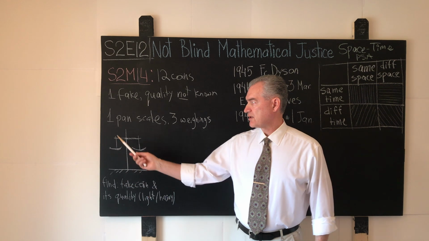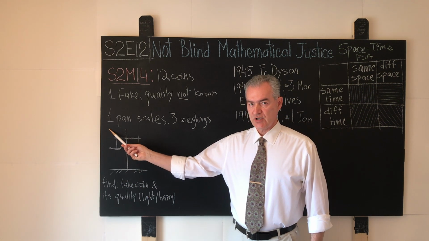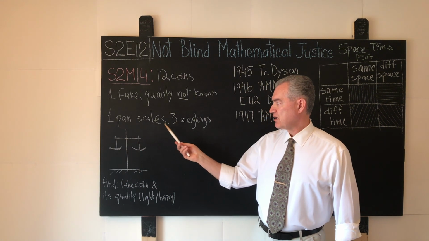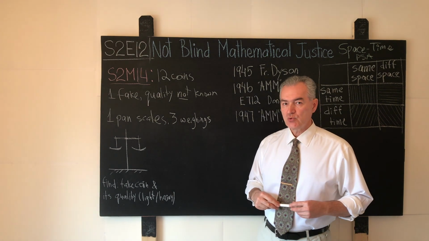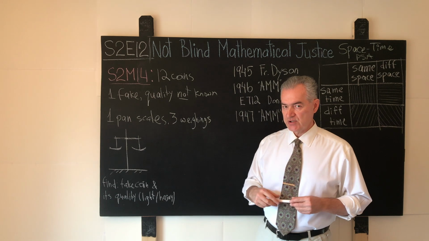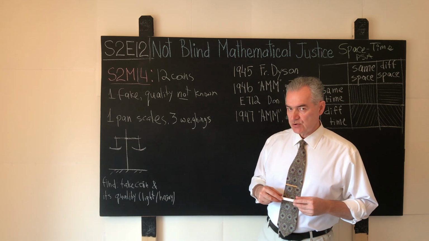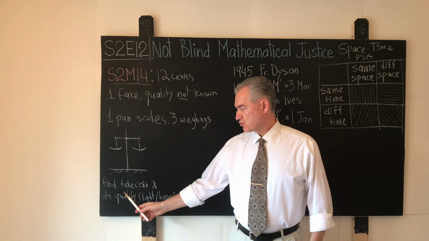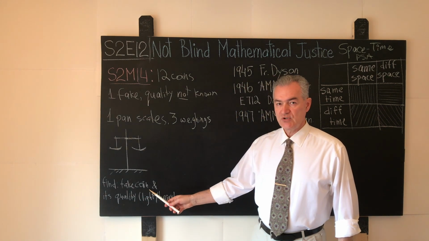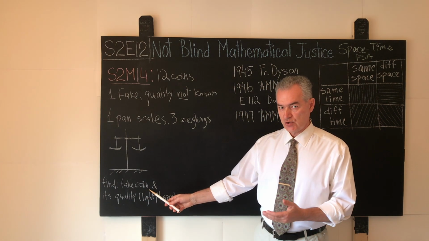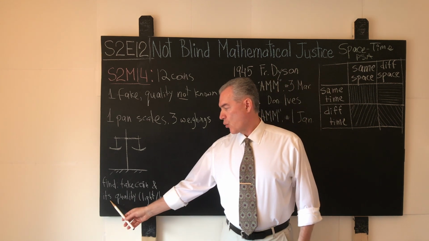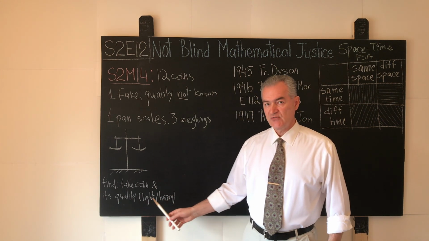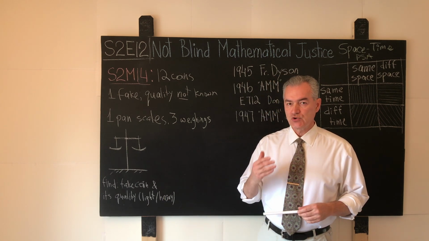Using one set of fully functional and fair pan scales in no more than 3 weighings, we are to determine with absolute certainty the following 2 units of information. We are to recover the identity of the fake coin with absolute certainty, and we are to recover the weight quality of that fake coin with absolute certainty.